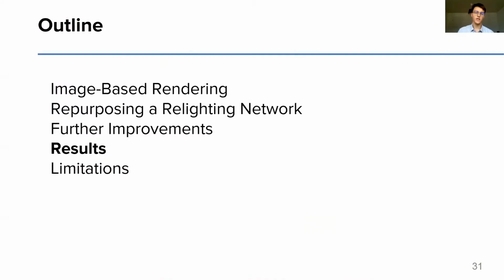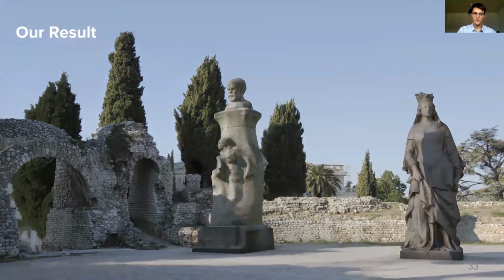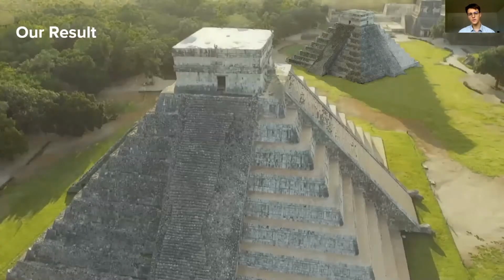So now that we have detailed our pipeline, let's take a look at some results. Here we imported two statues into one scene, and this is the result using our method. And here is the result using an arbitrary target sun position. So as you can see, we can use any target sun position with our method. And this is another result using the original sun position as target sun position.